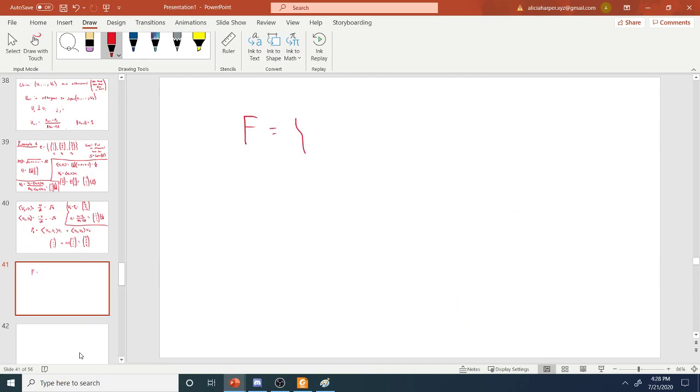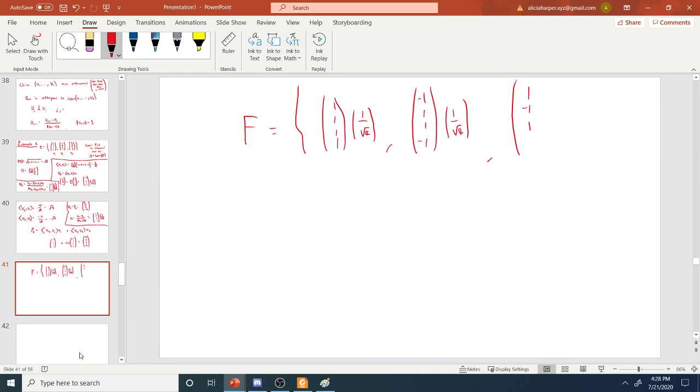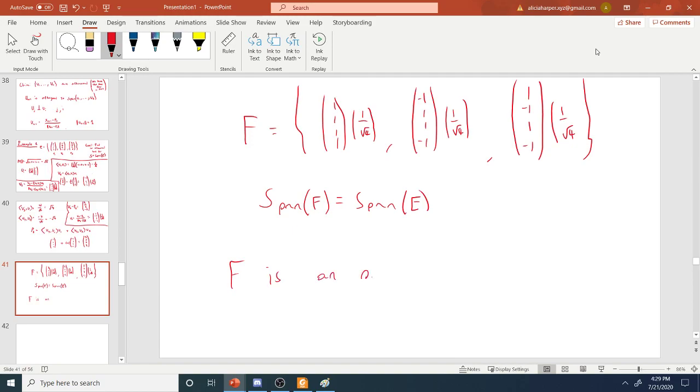If I set F equal to 1, 1, 1, 1 times 1 over the square root of 4, and then negative 1, 1, 1, negative 1 times 1 over the square root of 4, and then 1, negative 1, 1, negative 1, all times 1 over the square root of 4, I in fact have a basis with the span of F equal to the span of my original three vectors, but F is an orthonormal basis.